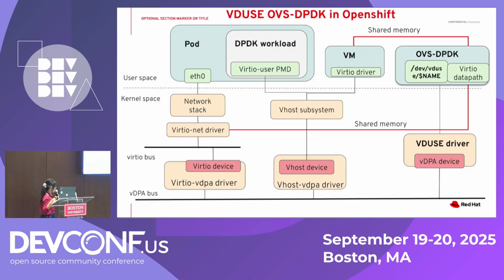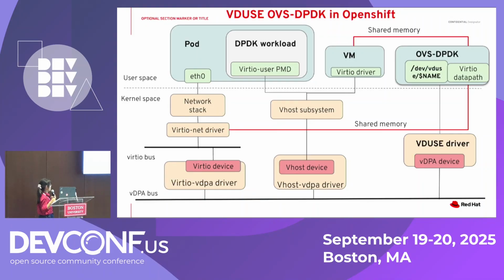OVS calls into the VDUSE driver via our control to create the VDUSE device, and the VDUSE driver then exposes a character device for the control path communication, and then we use netlink to bind the VDUSE device with the vDPA bus, which can open up the kernel path from the container and the VM to the OVS-DPDK.